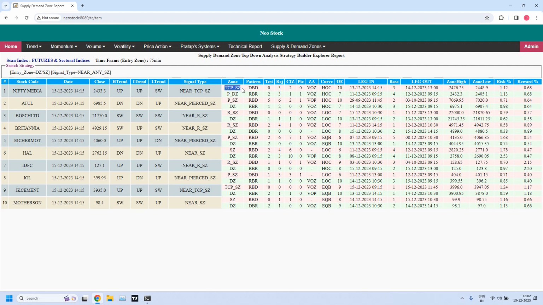Nifty Media, but it is an index. And we have Bosch, which is a high liquidity zone. And we have Britannia, already tested 2 times, is a high liquidity zone.